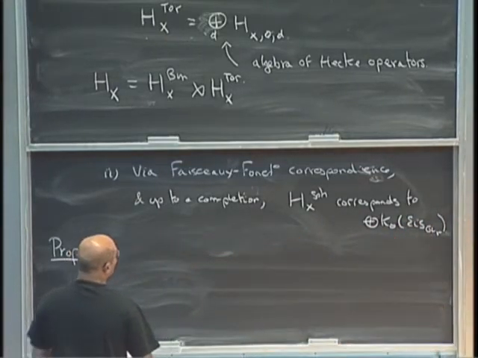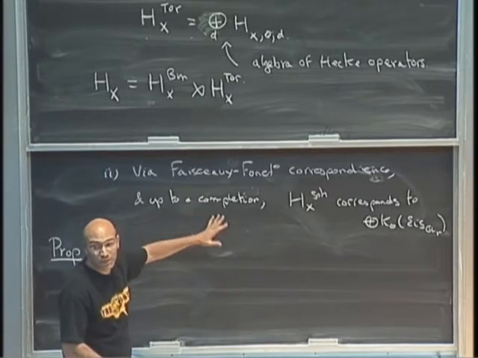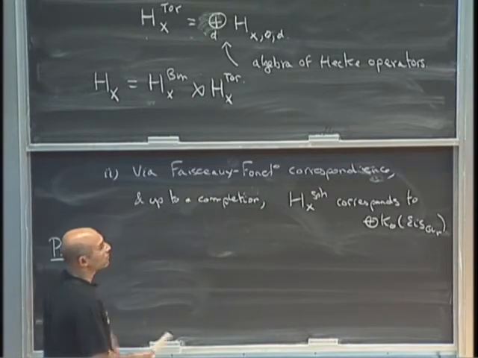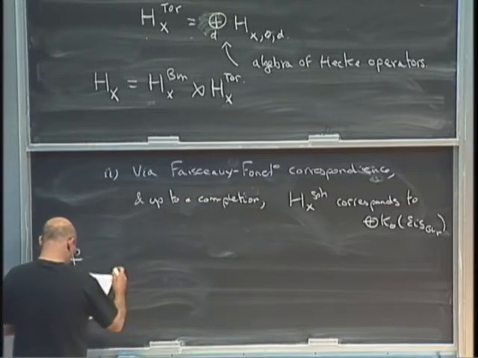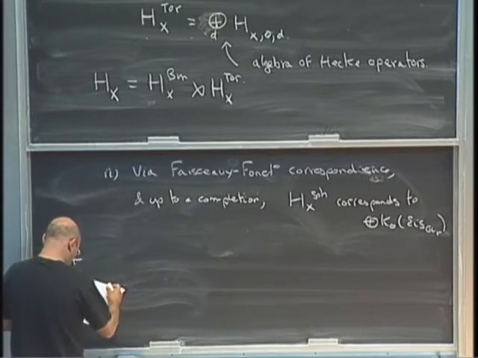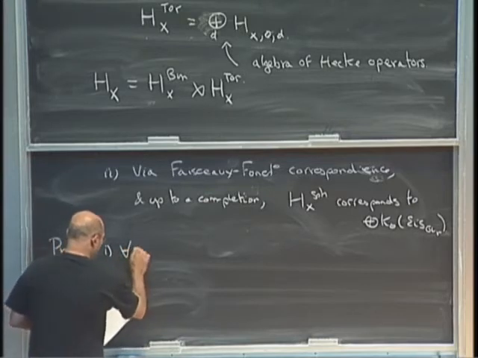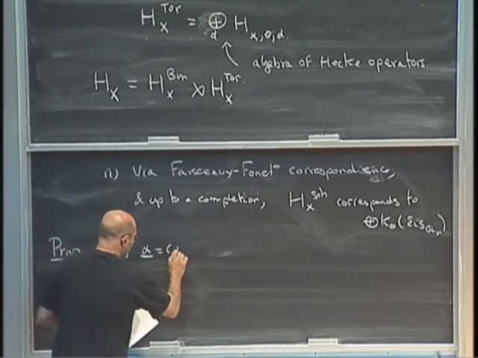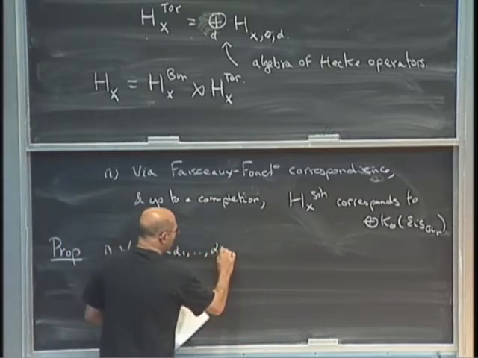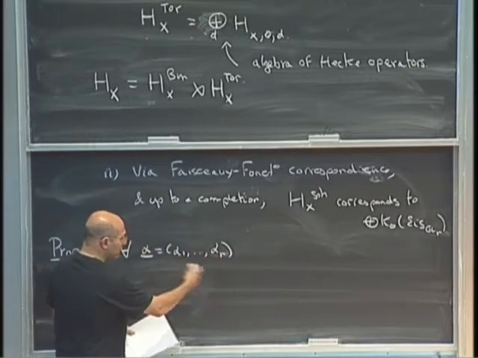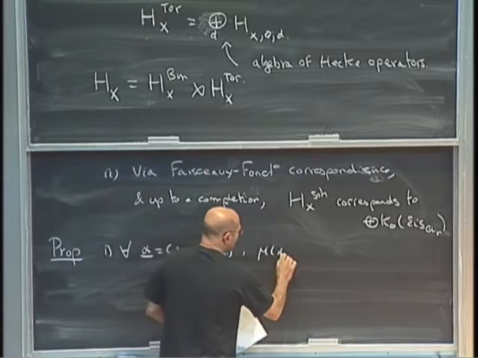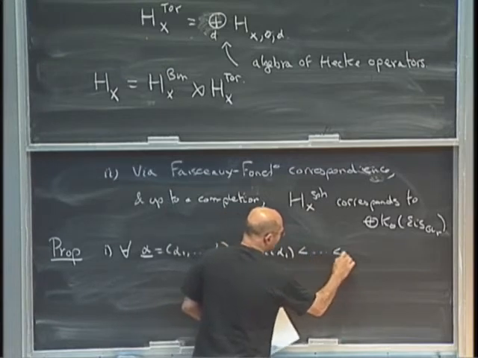And the way to formulate it is to say that there is a universal or integral form of this Hall algebra. So let me, first of all, I have this statement. For any alpha_1, ..., alpha_R, so these are classes, and you index them in such a way that the slopes are increasing.